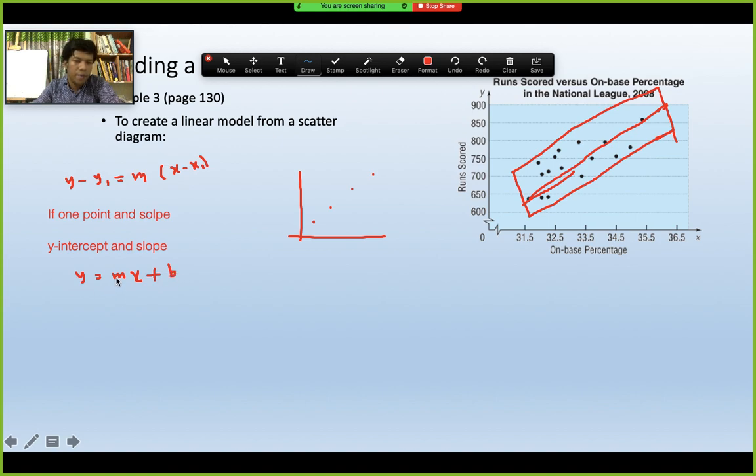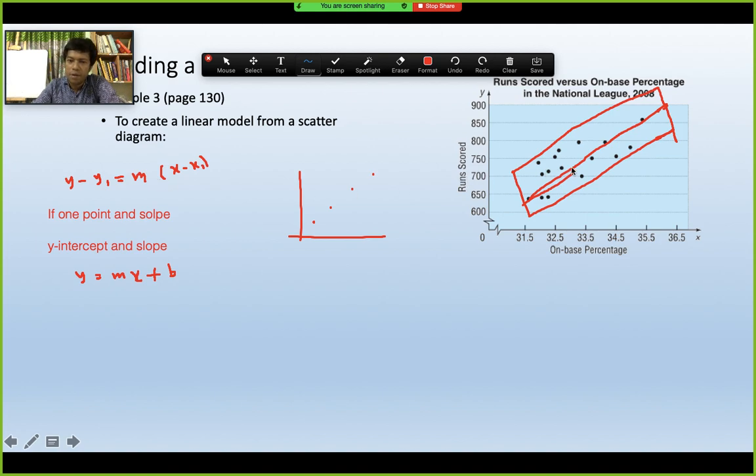So if you have the value of the slope and the y-intercept, just put it here, and that will be your answer. Here, if you know a point and the slope, y1, x1 are the point coordinates, and m is the slope. Once you have it, then you can find your answer.